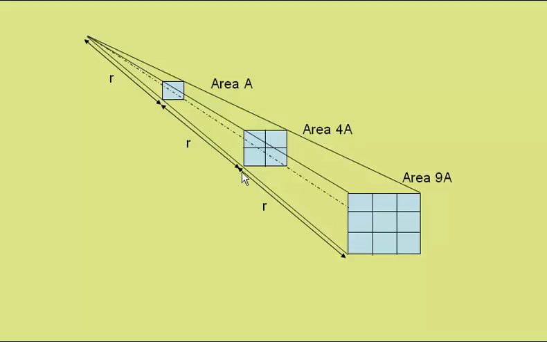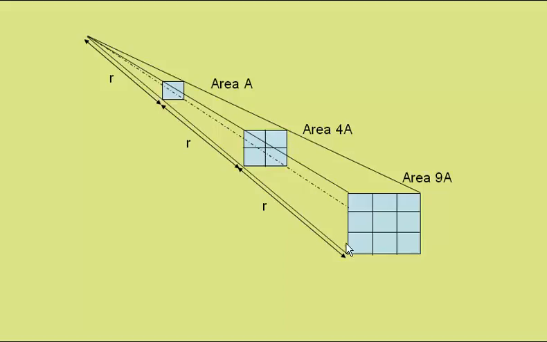A distance 2r out from there, the light will have spread and would pass through an area 4A. So for example, if we just had this square of area A, we would only get a quarter of the light passing through it. We've doubled our distance from the source, and we're getting a quarter of the energy through an area A.